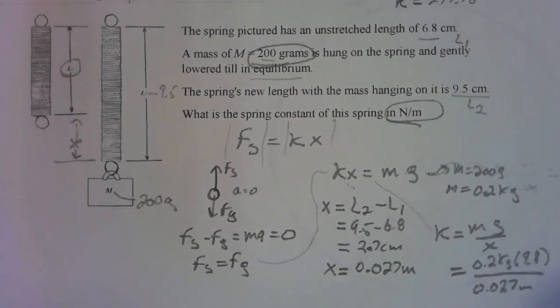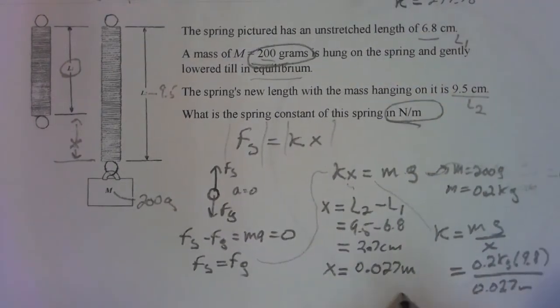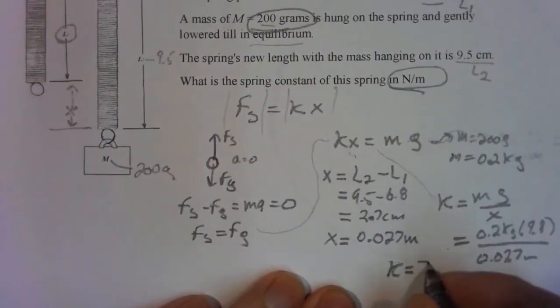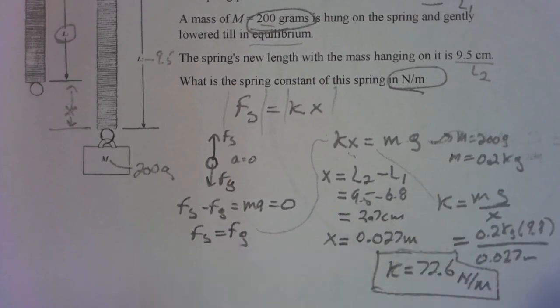Plug those all in. I get 72.6, so K for me is going to equal 72.6 newtons per meter. That's how you do that.